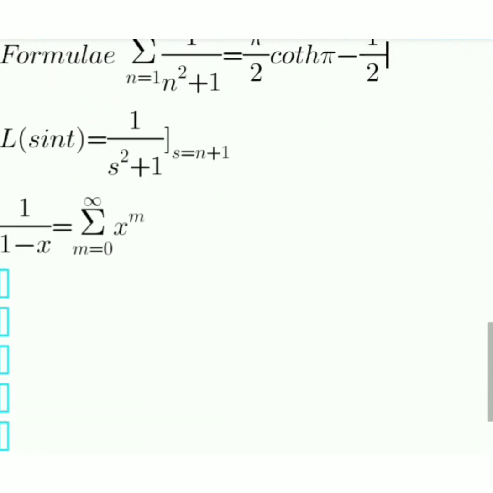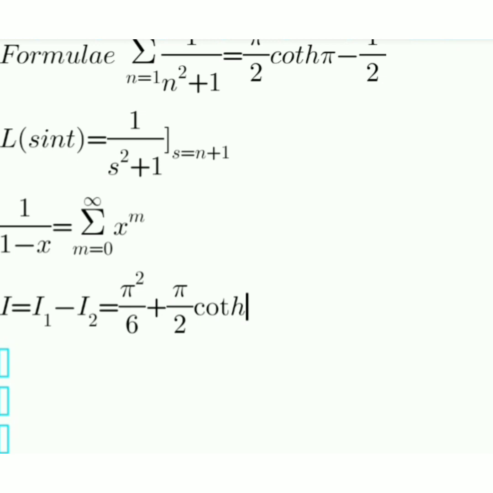So I equals to I1 minus I2, which can be written this way: pi square by 6 plus pi by 2 coth pi minus half, minus pi by 2 coth pi minus half, minus it should be plus half.